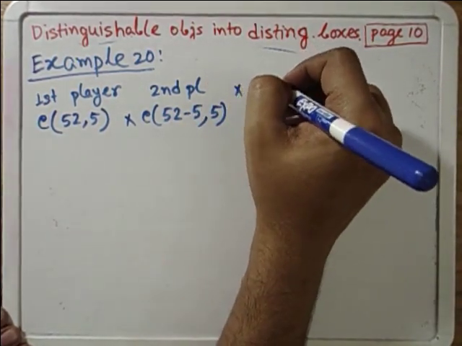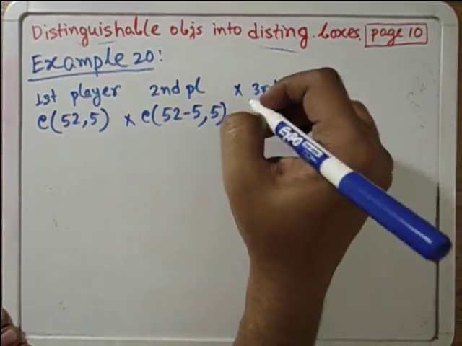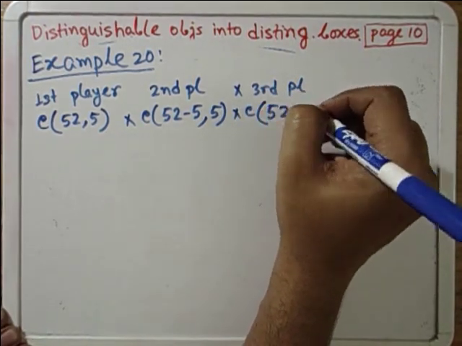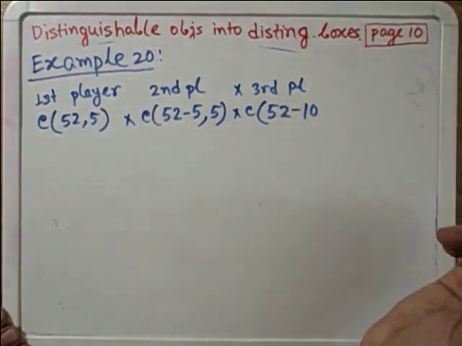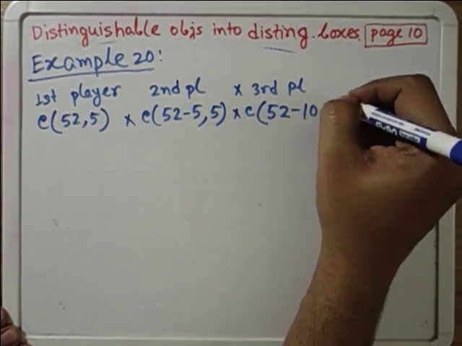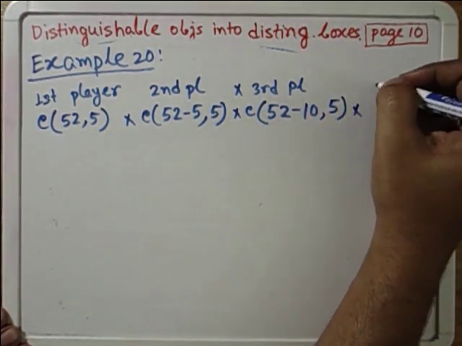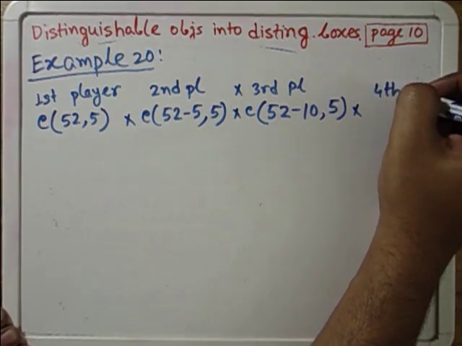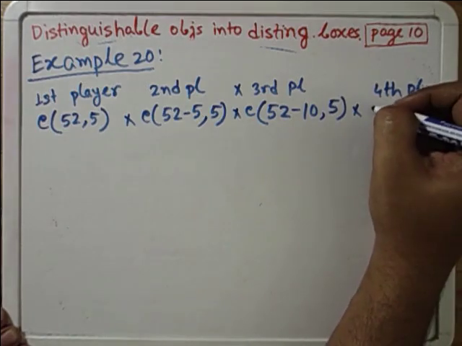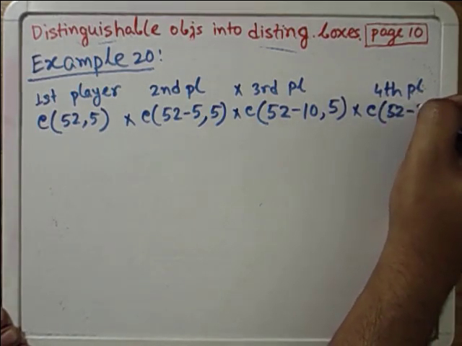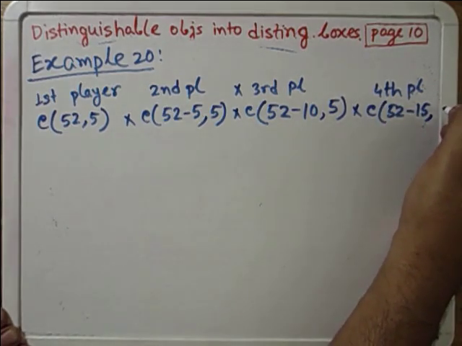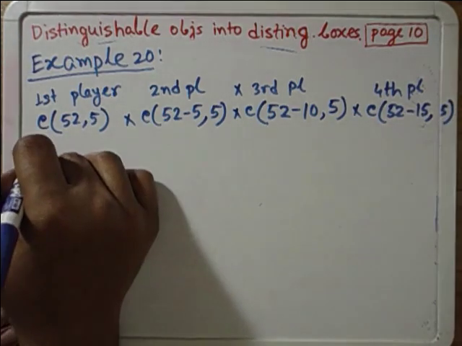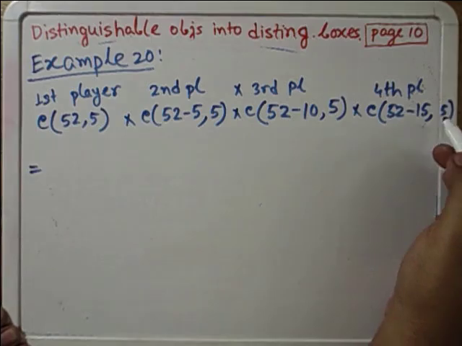Third player, how many cards are left? 52 minus 10, and we choose 5 for that person. And for the fourth player, how many cards are left? 52 minus 15, and we choose 5 for that person. Okay, so that is the final answer.